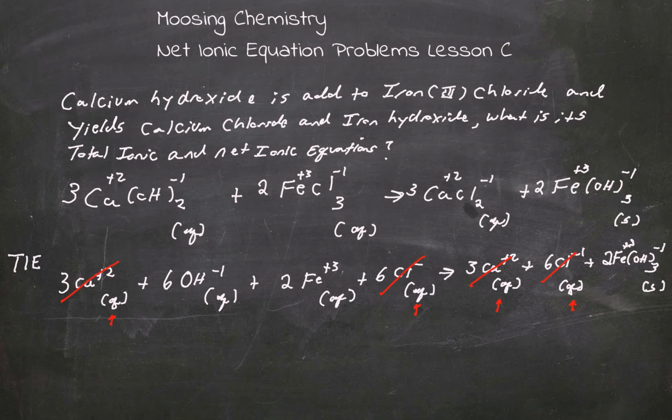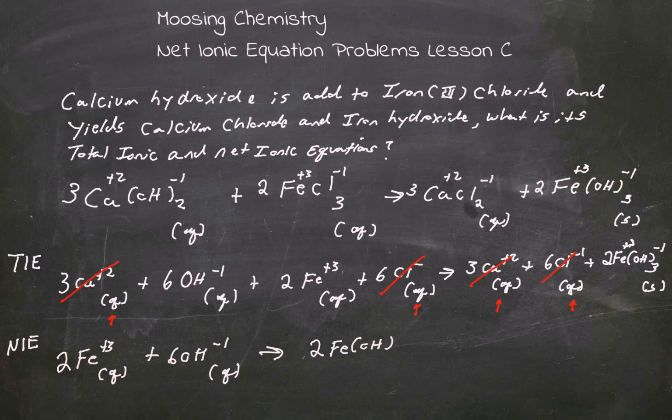So our net ionic equation is going to be 2Fe plus 3 AQ plus 6OH minus 1 AQ yields 2Fe(OH)3 solid.